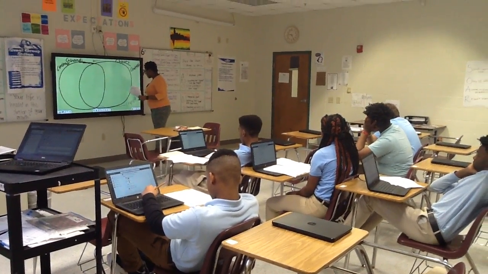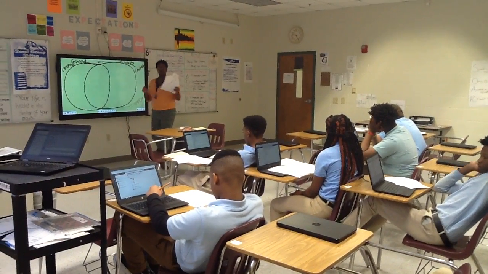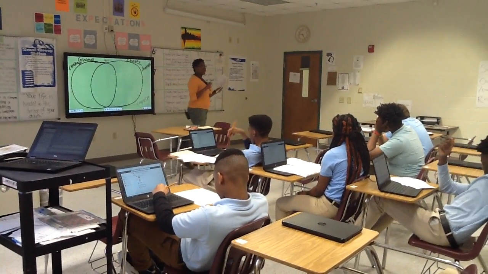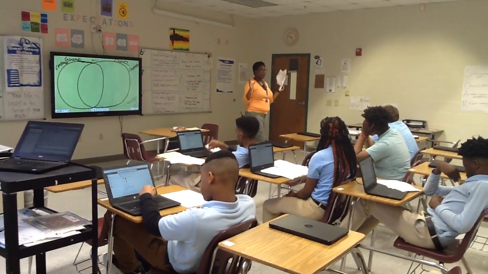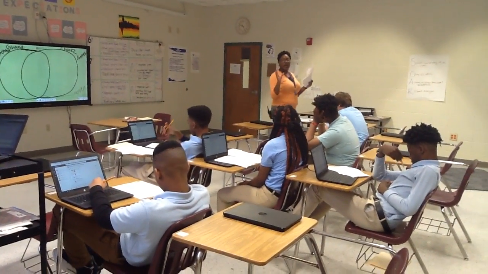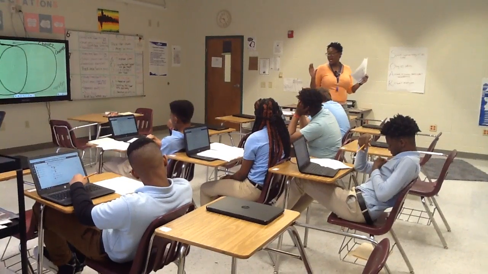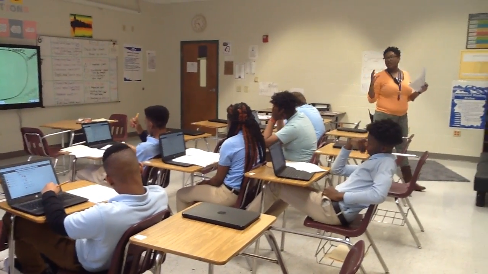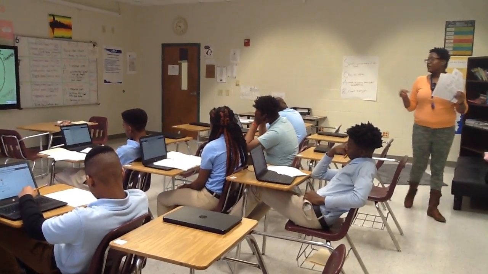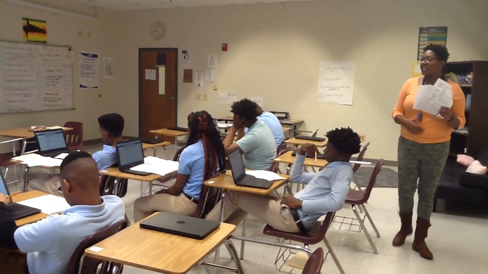Alright, so what you're going to do is put your details in the contrast part. You're going to put what you put down about Gandhi on the left side and what you put for Chavez on the right side. Now in the middle, you're going to put what's similar for the two.